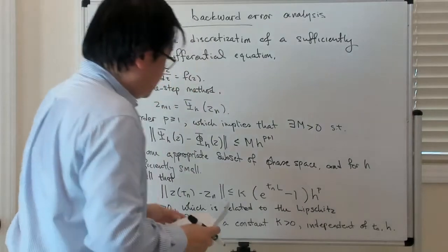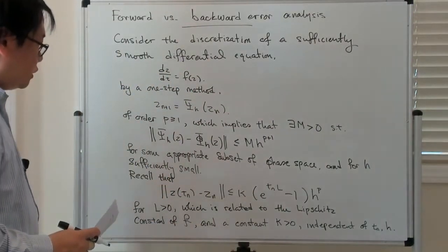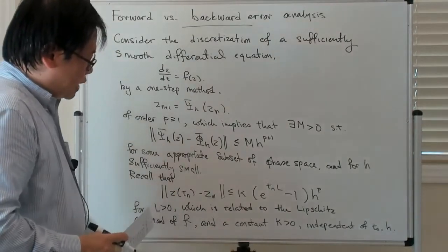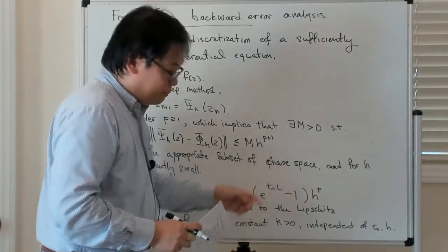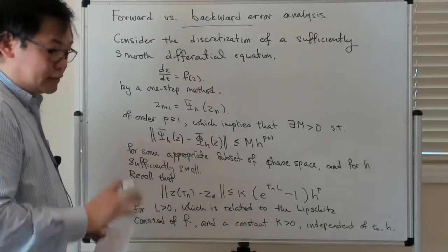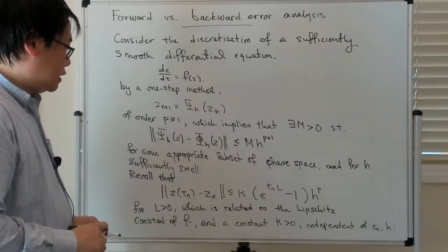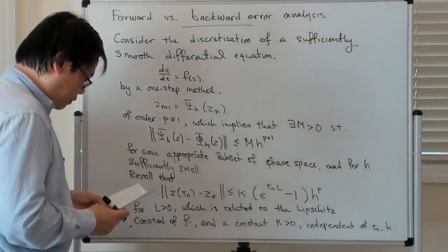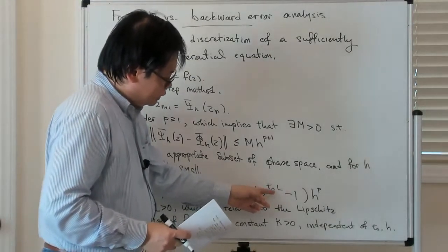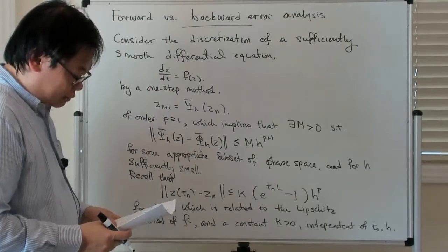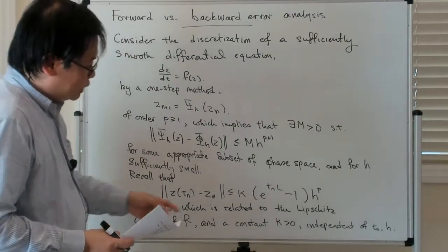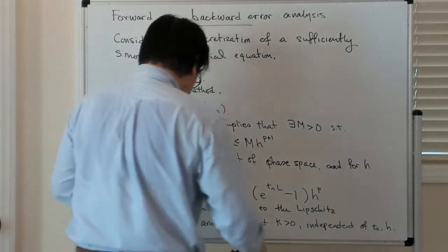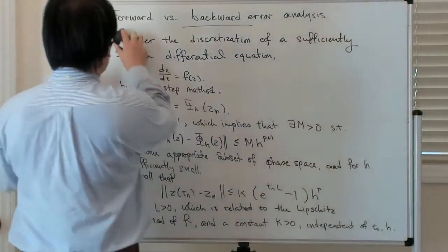Okay, all right. So the problem, of course, with this kind of global error estimate is that the bound diverges exponentially as time increases. So it's not particularly useful when basically t_n times L is much larger than 1, unless you take extraordinarily small time steps. Okay, so let me just state that.